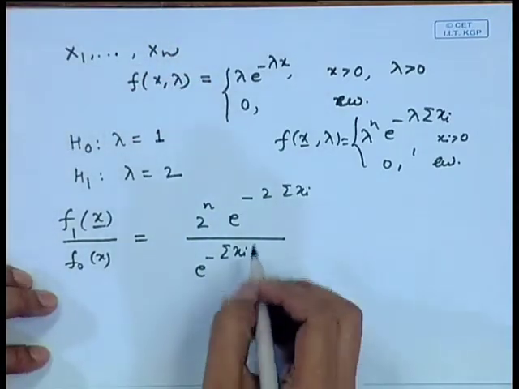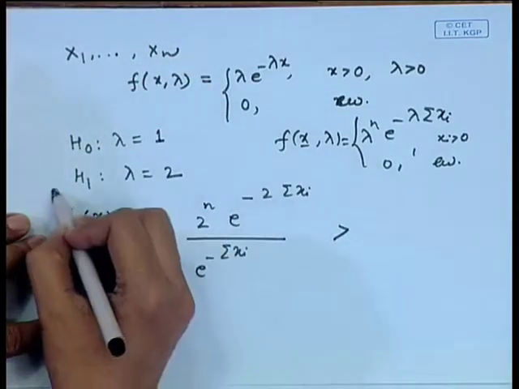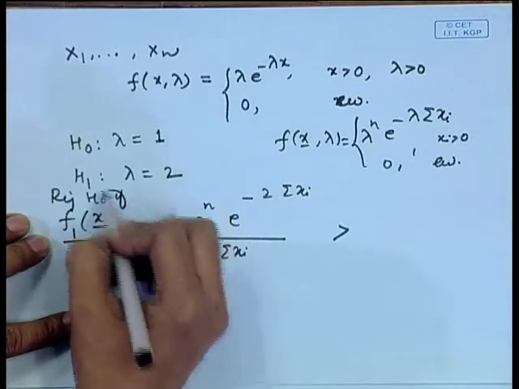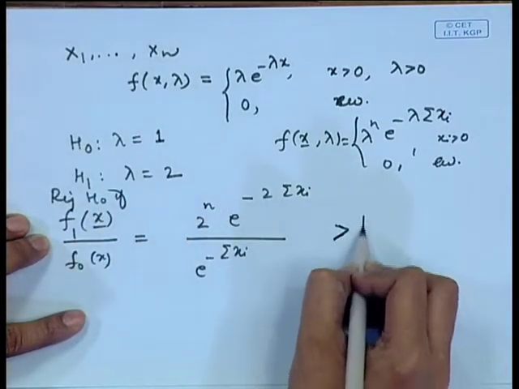So, we are saying the test is to reject h naught if this is greater than k.